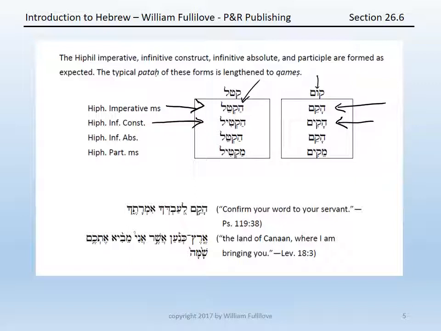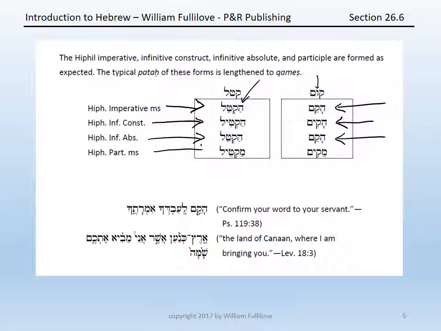Again, the middle root letter has been replaced by the hirek yod, and you have a lengthened vowel under the hay. The hiphil infinitive absolute of the strong verb would be haktel. In kum, we have hakem. Again, the middle root letter is not evident, and we have a lengthened vowel under the hay.